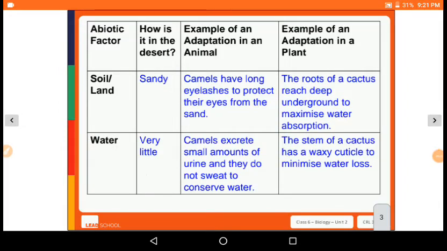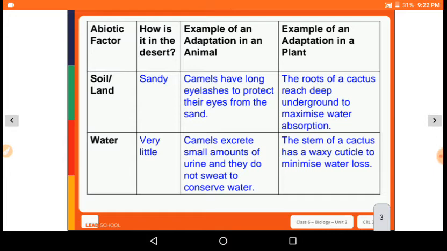So first, soil or land: in a desert, it is sandy, and has very little water. An example of adaptation in an animal: camels have long eyelashes to protect their eyes from the sand. The roots of a cactus reach deep underground to maximize water absorption.